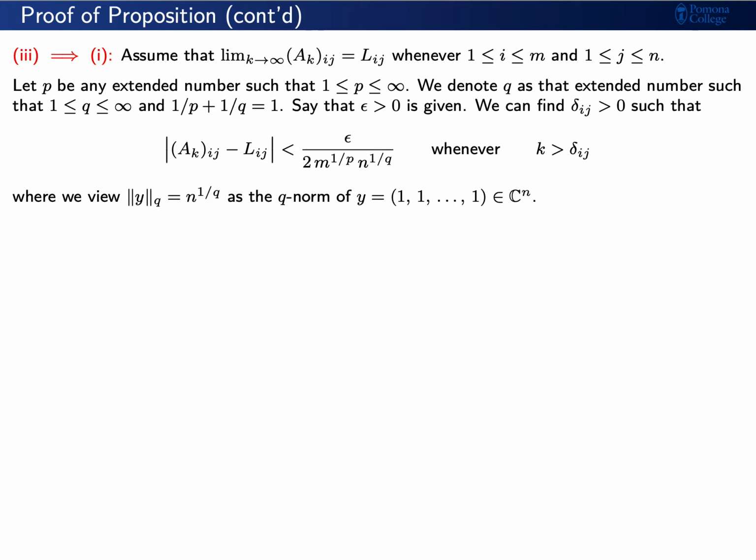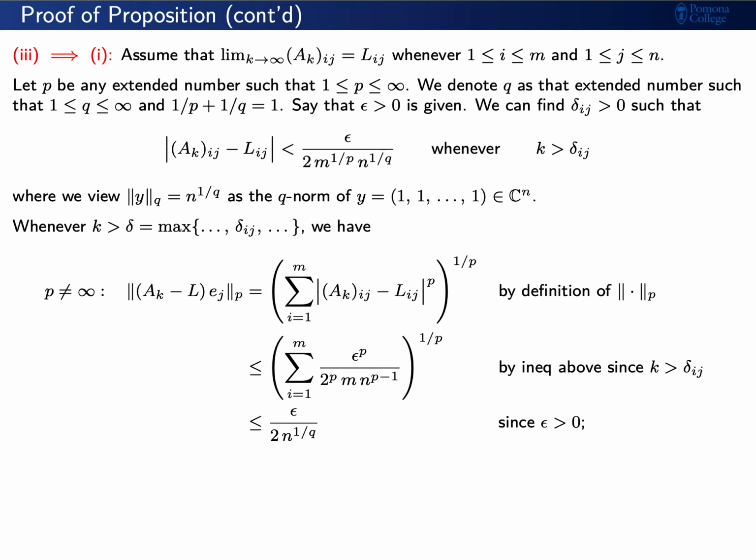This is epsilon divided by twice the pth root of m times the qth root of n, whenever, of course, k is large enough. Now, let's let k be larger than each of these delta ij's. Well, whenever p does not equal infinity, we see now that the p norm of the vector A_k minus L times the column basis vector e sub j should be less than or equal to epsilon divided by twice the qth root of n.